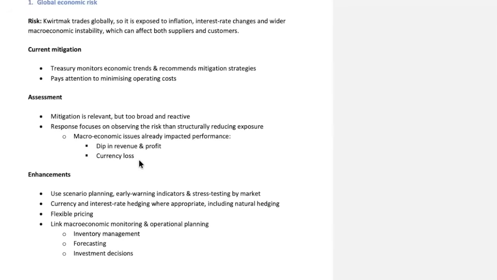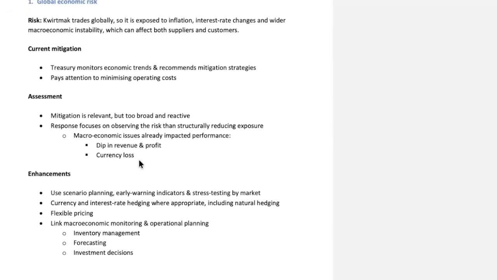So when there is a shortcoming, you should have the capability of suggesting enhancements as well. The type of enhancements which I'm suggesting is to use scenario planning, so that we come up with various different scenarios considering different inflation rates, interest rates, and macroeconomic issues.